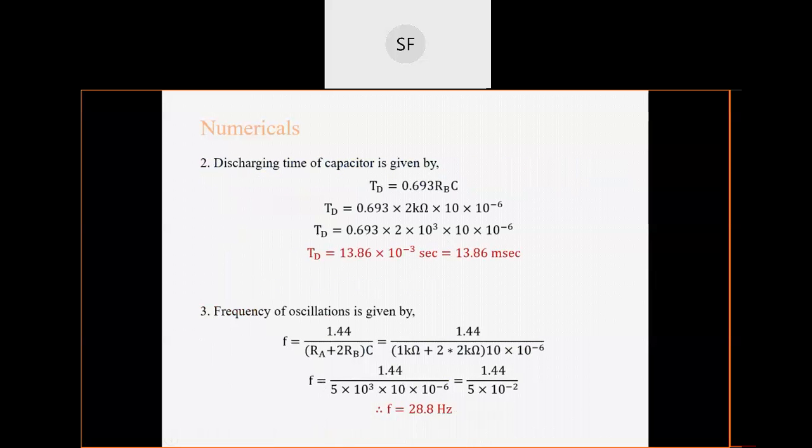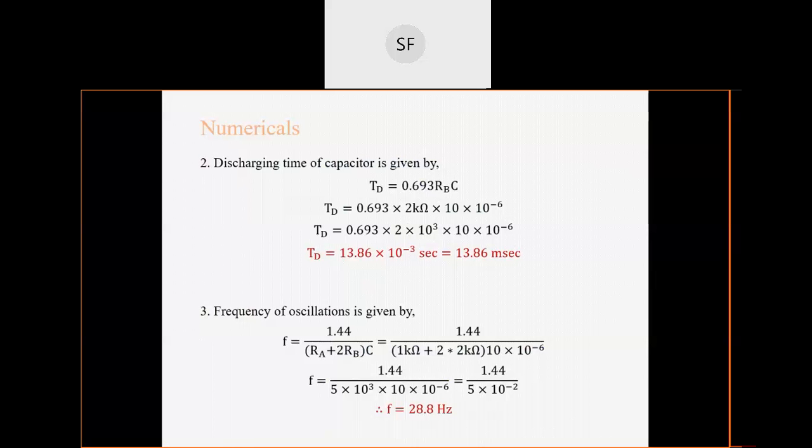So discharging time of capacitor is given by TD equals 0.693 RB into C. The value of RB is 2 kilo ohm and the capacitor value is 10 microfarad. So I just put the values here, and discharging time I got as 13.86 millisecond.